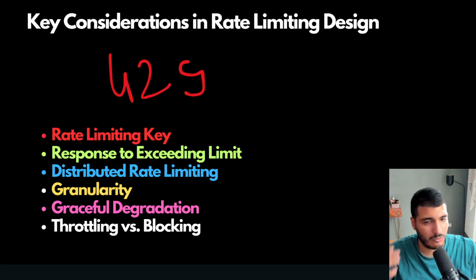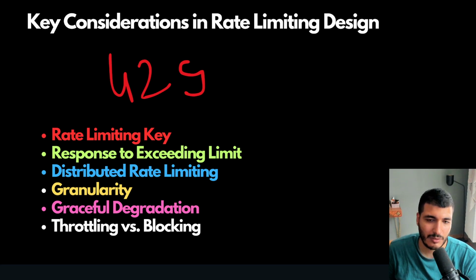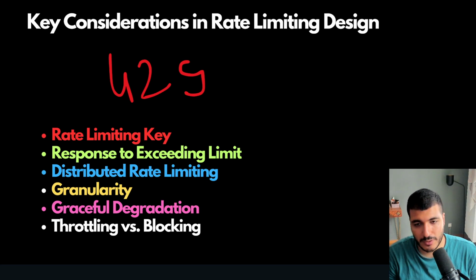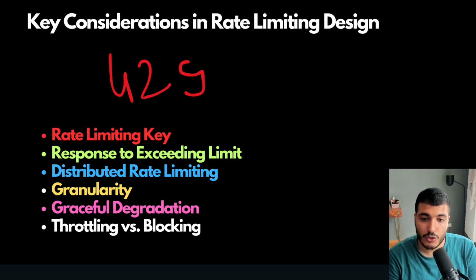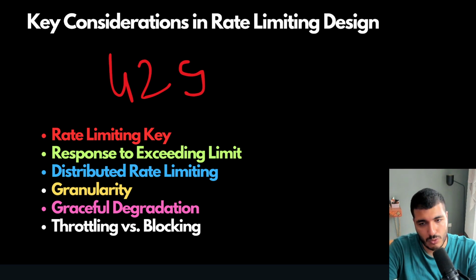We also need to talk about distributed limiting, for scalable applications with multiple instances. Rate limits must be coordinated across all instances. This usually involves storing counts or tokens in a centralized fast data store like Redis. There is also granularity: should limits be global, per user, per endpoint, or per combination?